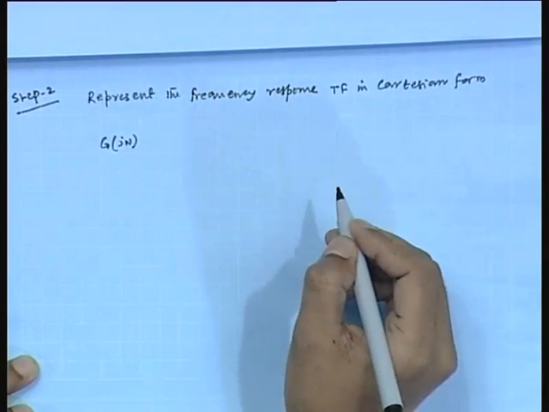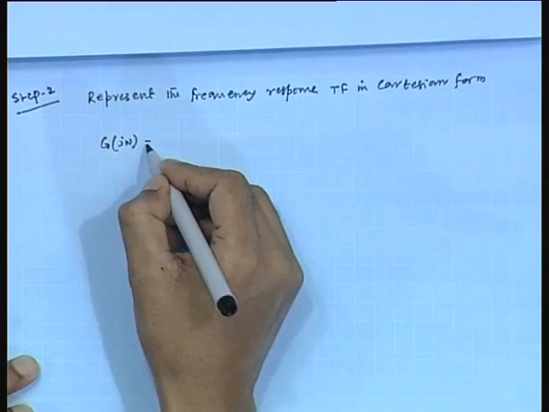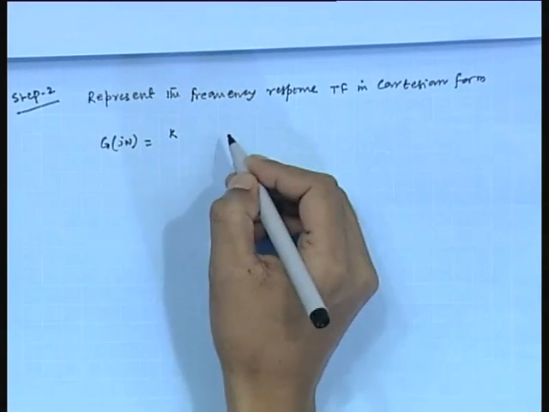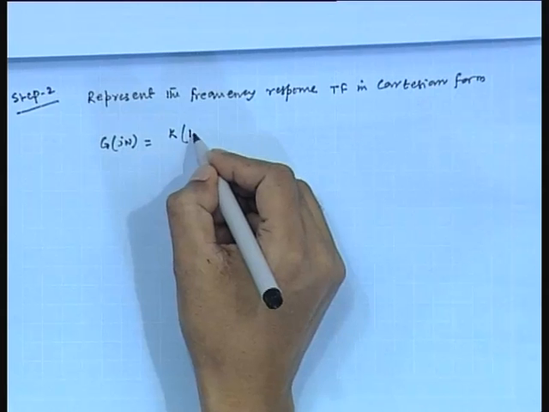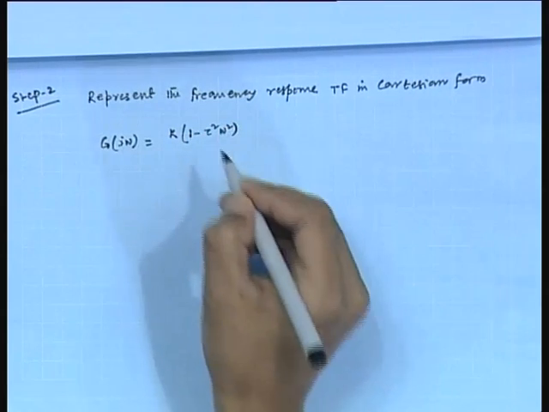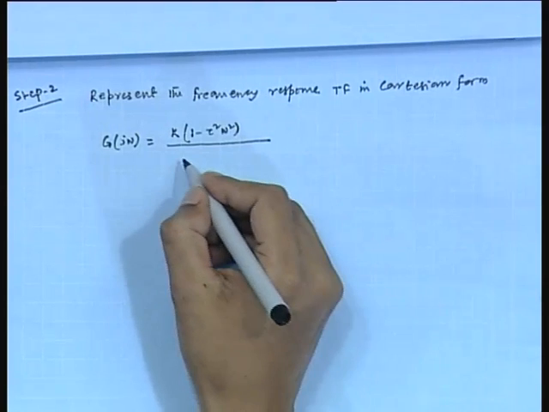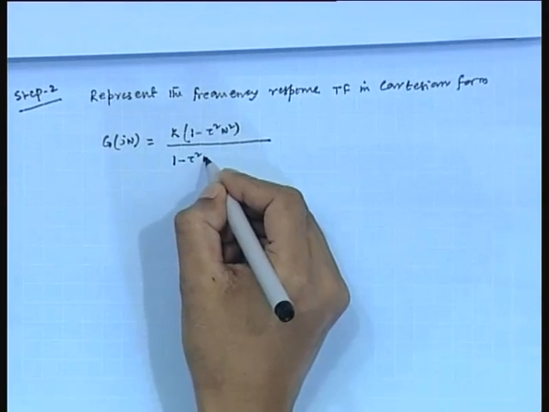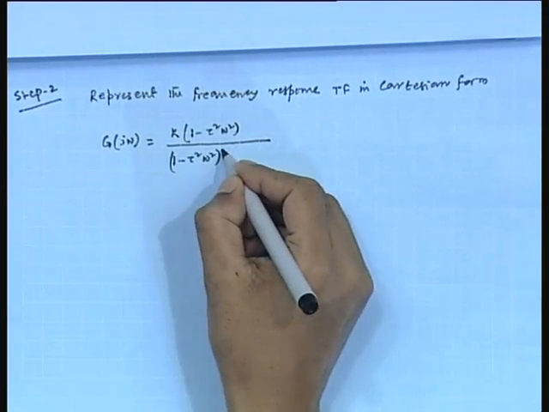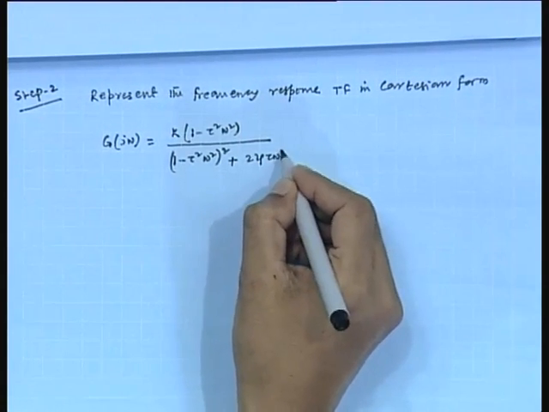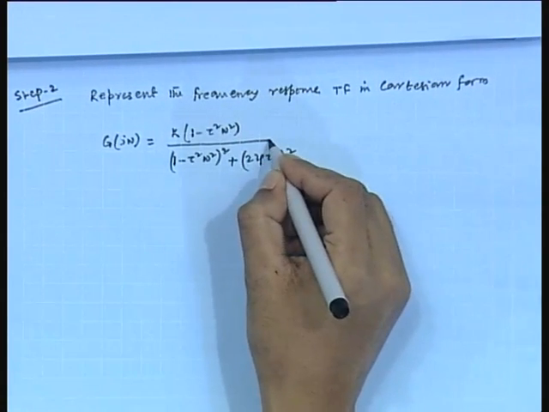So, we can write the frequency response transfer function as k multiplied by 1 minus tau square omega square, divided by 1 minus tau square omega square whole square plus 2 zeta tau omega whole square.